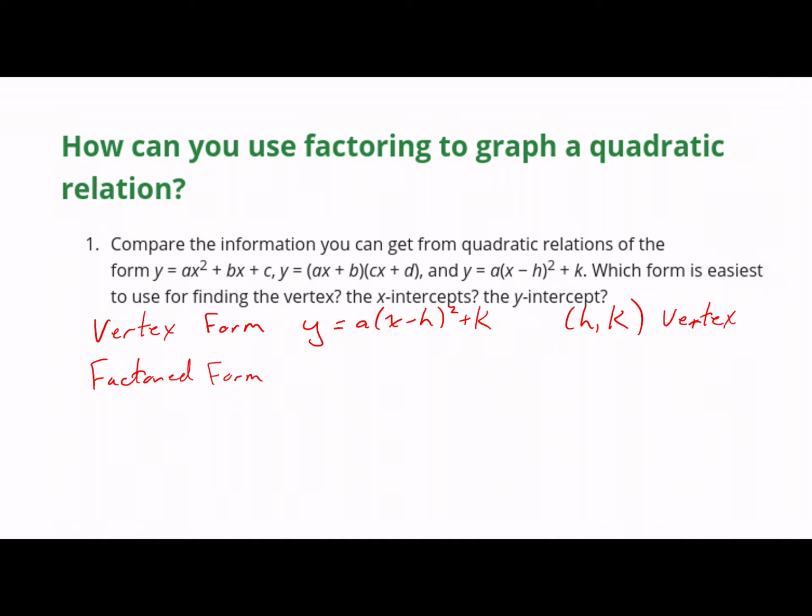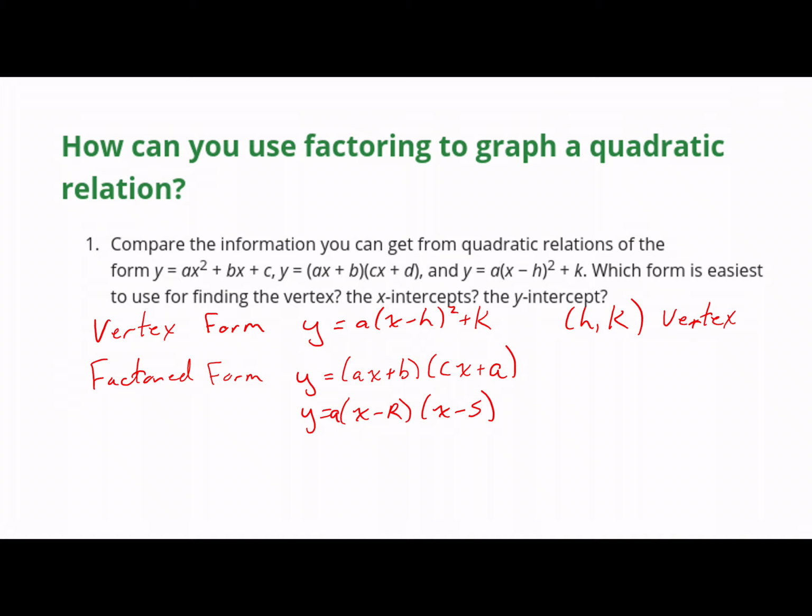So we have factored form, and now we've got some coefficients there. We used to write it when we didn't have any coefficients, or sometimes with an a there. So these are two different variations of factored form.